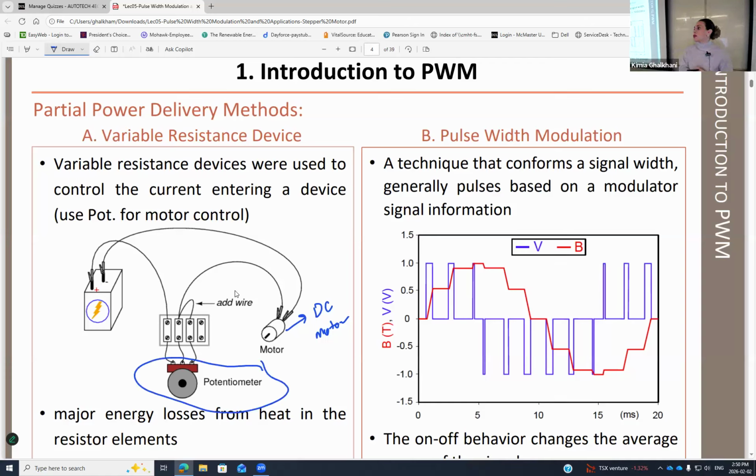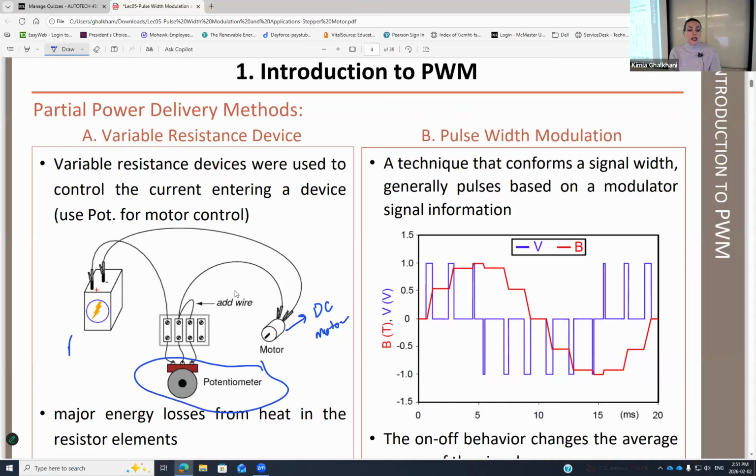I'm expecting everybody to be aware right now that a potentiometer is just a variable resistor, which you can set to different amounts of resistance in order to control, or rather decrease, the voltage.